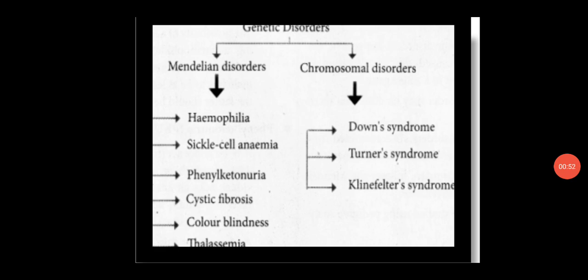Today we are going to discuss genetic disorder. So first you should know the basic definition of genetic disorder. These are disorders or illnesses which are caused by one or more abnormalities in the autosome or sex chromosome. So I am repeating again.